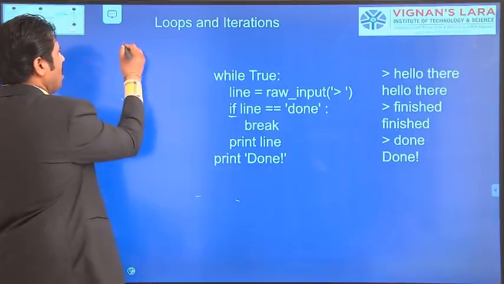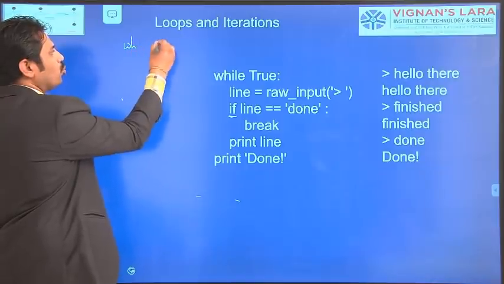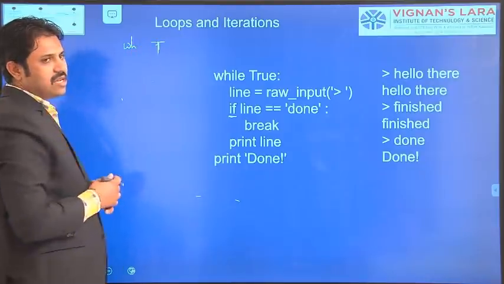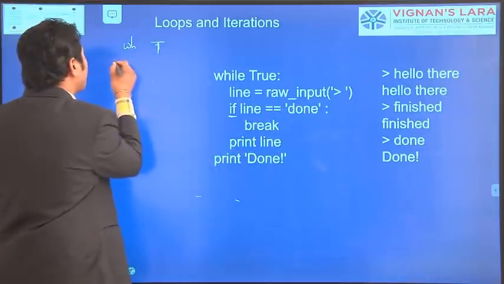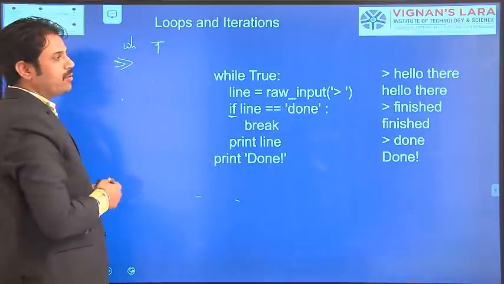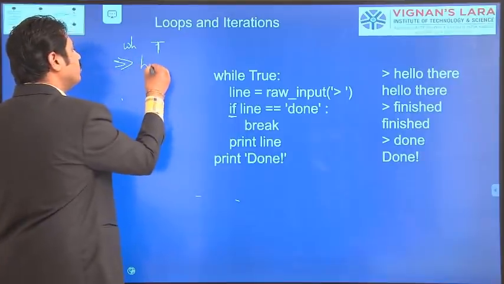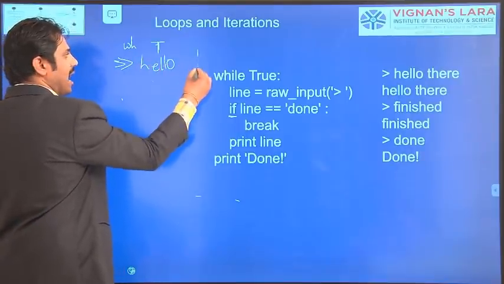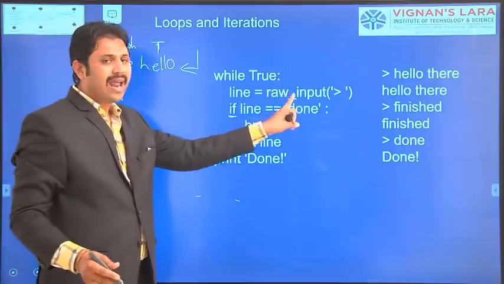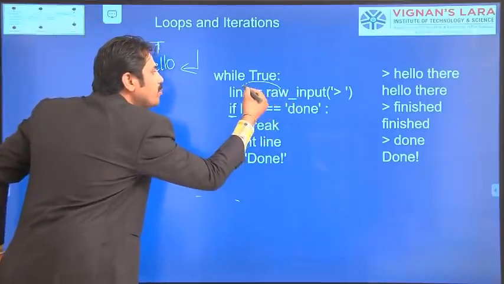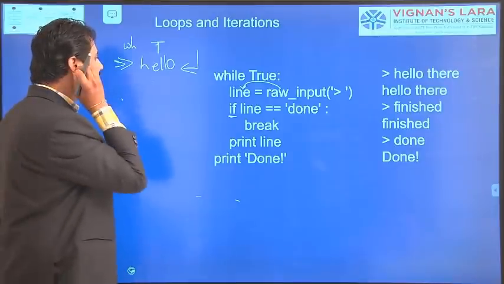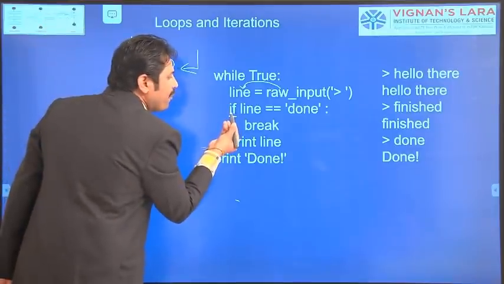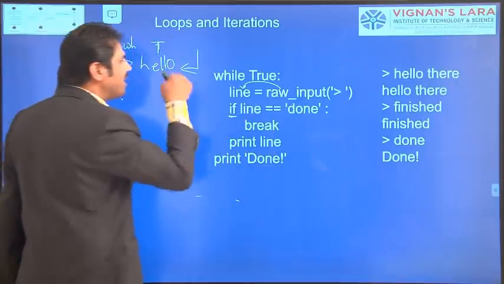First, while true. This is the first step. I am going to take input. My input is hello. This hello is going to be stored in line. If line equals to done, what is line?